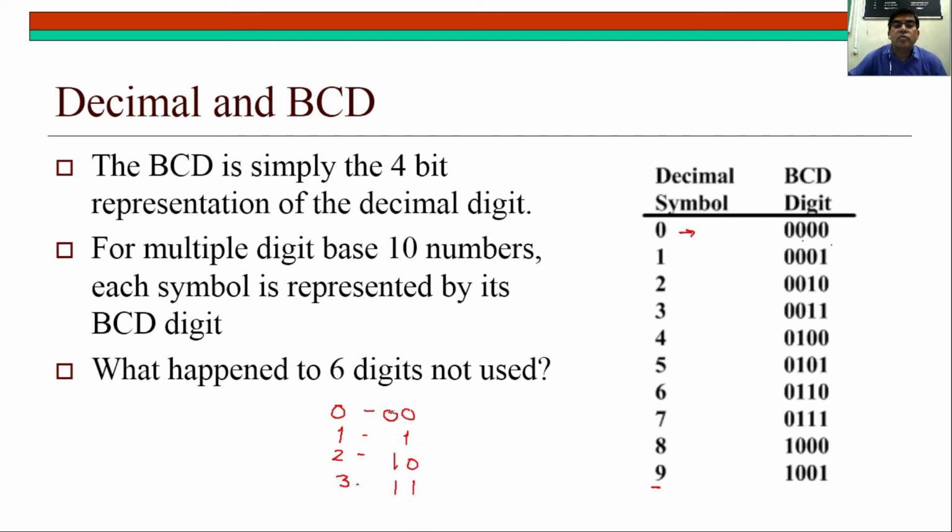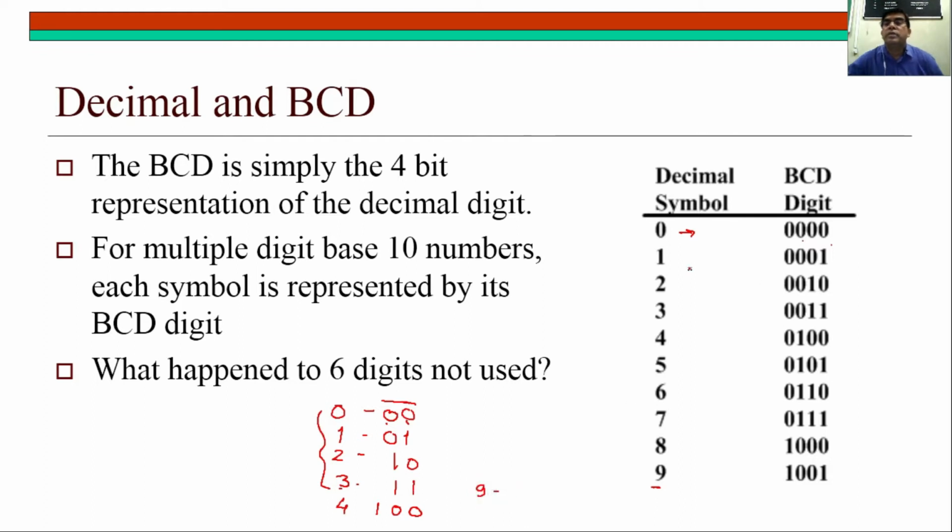So what we can see here, up to 3 only 2 bits are sufficient. With 2 bits I can represent a maximum of 4 numbers. Beyond this, if I want to use 4, then I need 1 0 0 for 4. Means 4 is represented by 3 bits. So if I continue, how many bits are required for 9?